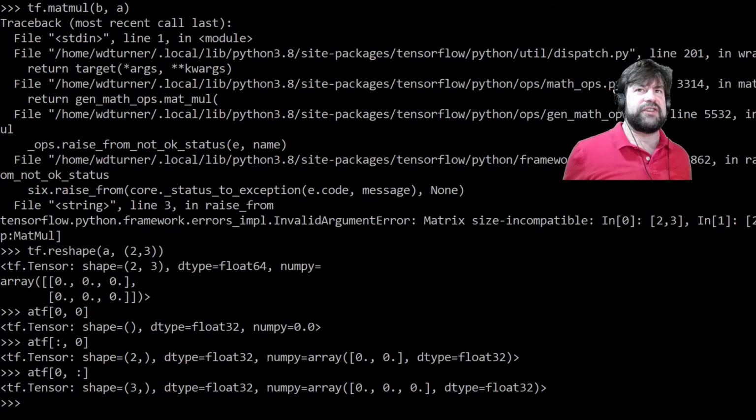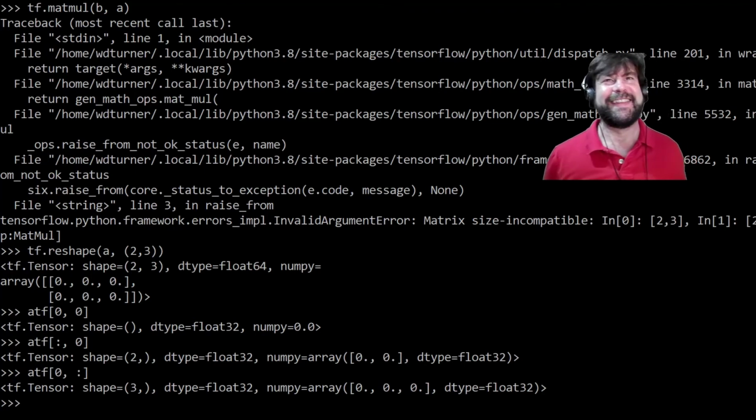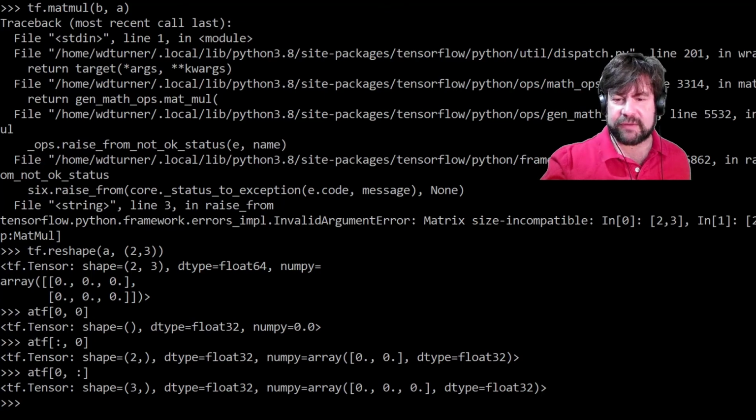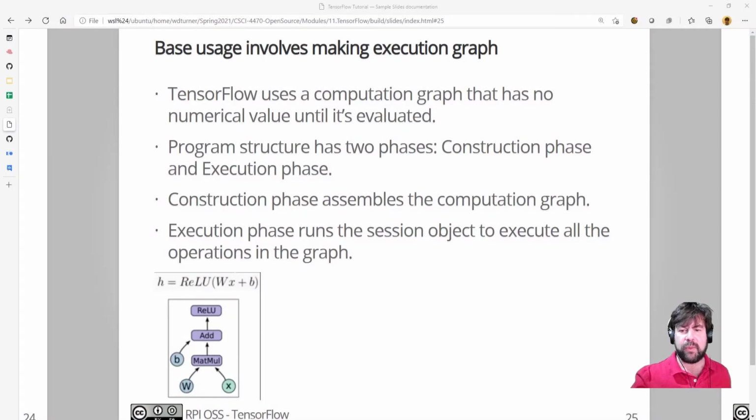The base usage in version 1, important safety note here. Maybe I should go back to this slide. So in version 1, TensorFlow was built for engineers, people who were actually doing research and who wanted to be able to analyze the computation graphs so that they could improve the performance.